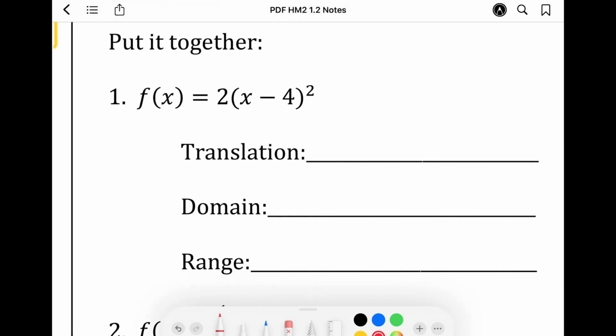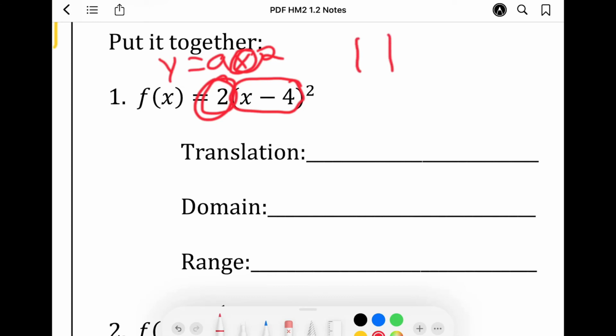All right. So in this case, we've got 2 things going on. We've got to deal with this 2 on the outside. This is acting as our a. So our x is representing this whole parentheses, but our 2 is still our a. So that 2, absolute value of 2, is greater than 1.